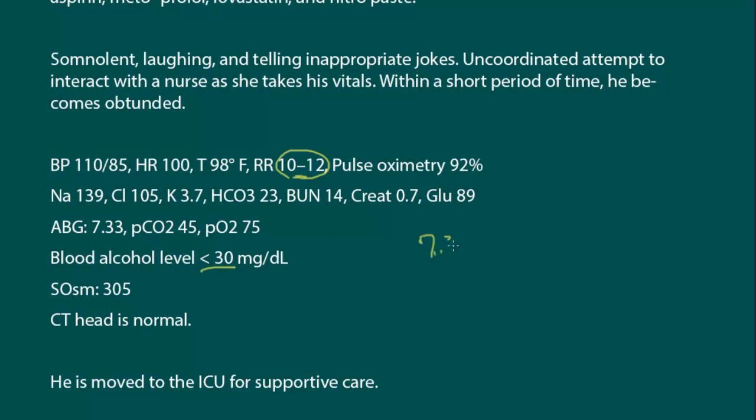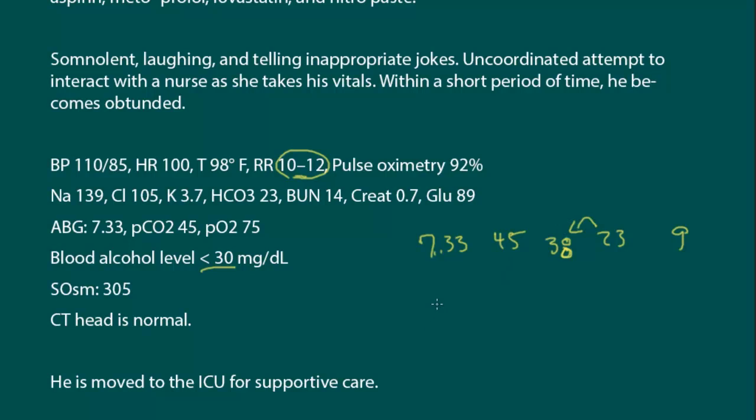Okay, pH 7.33, PCO2 45, bicarb 23. Now expected PCO2 is 23 plus 15, which is 38. And anion gap is 9. Go ahead and calculate that.